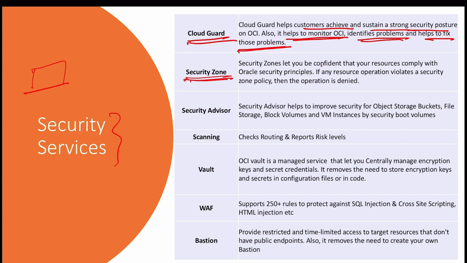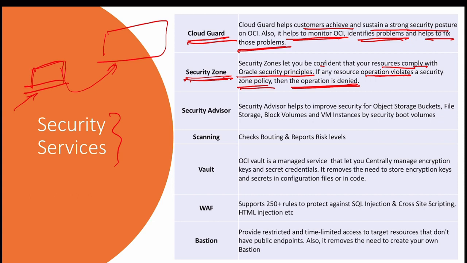Security zones let you be confident that your resources comply with Oracle security principles. If any resource operation violates the security zone policy, then the operation is denied. That means if you plan to give an IP of a database security zone to another server, it will not work that way. If you assign that VM to be part of the database security zone, automatically it will receive the IP from that particular subnet which belongs to the database only.